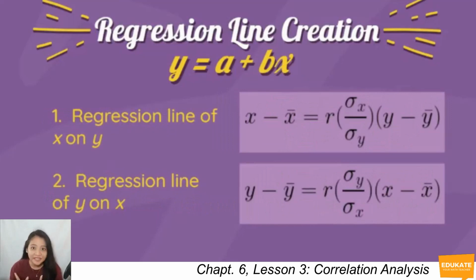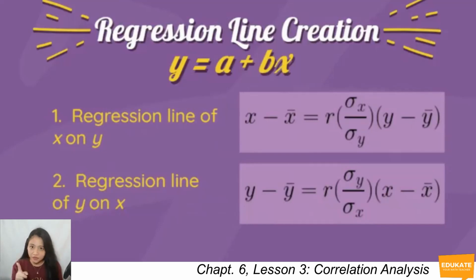If the mean and the standard deviation are given, we can compute the regression line by the following formulas. You have the regression line of x on y and then the regression line of y on x. Yung una, independent to dependent. Yung pangalawa, dependent to independent.